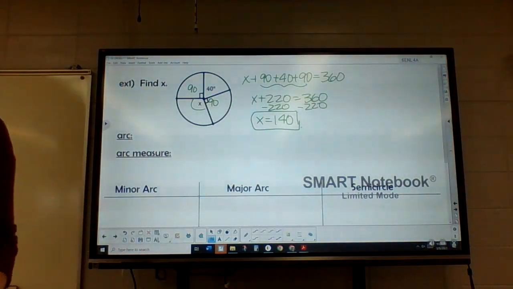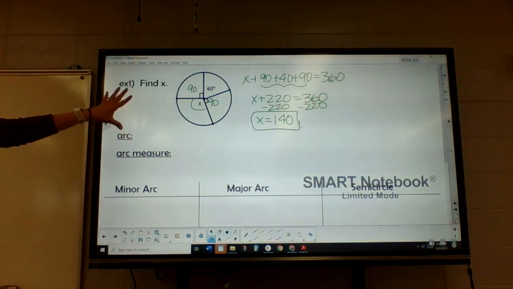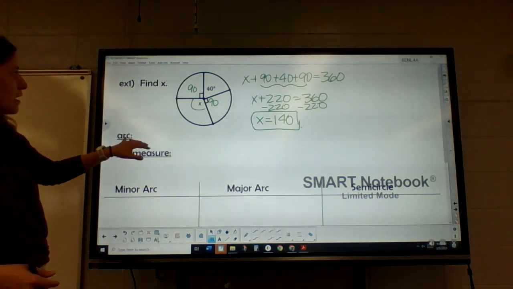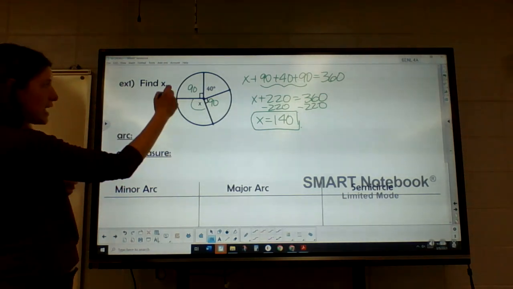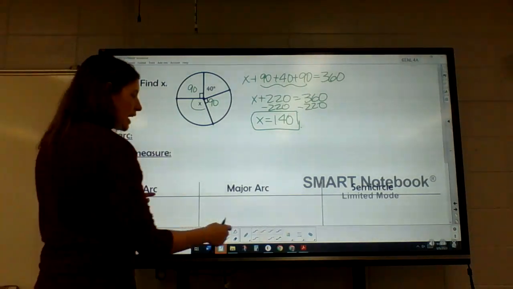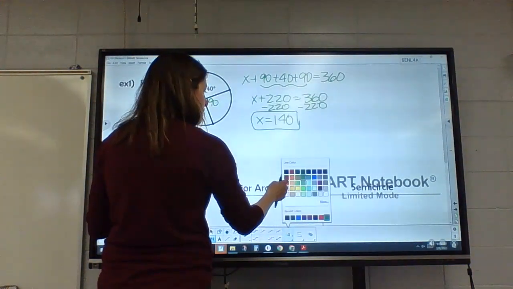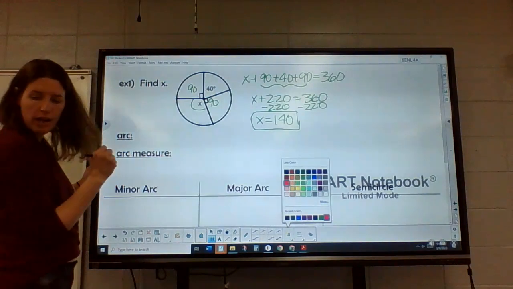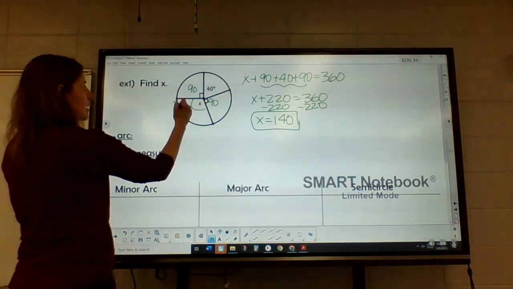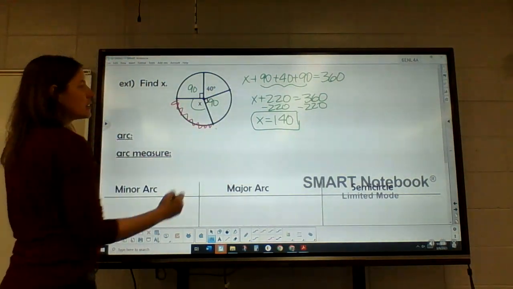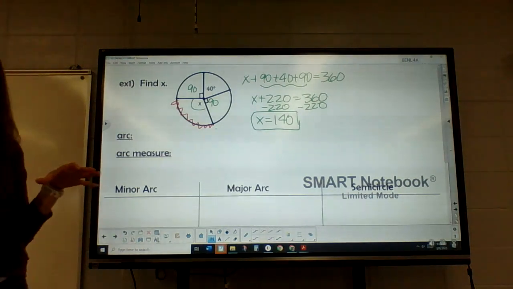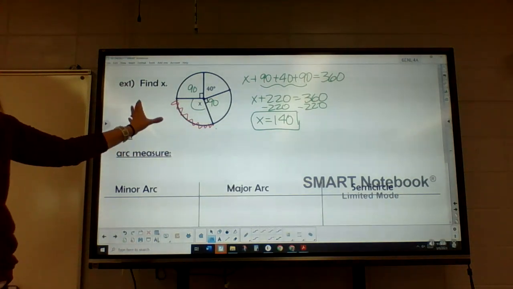All right, so talking about that, we're also going to talk about the arc. We talked about these angles, but the arc is the outside of the circle part. The arc that I'm talking about would be this outside edge. If I was talking about this as a lake, this would be like my lake frontage on my house.